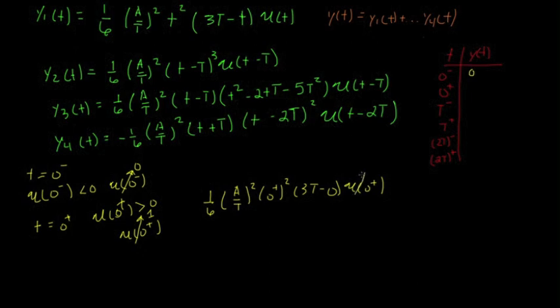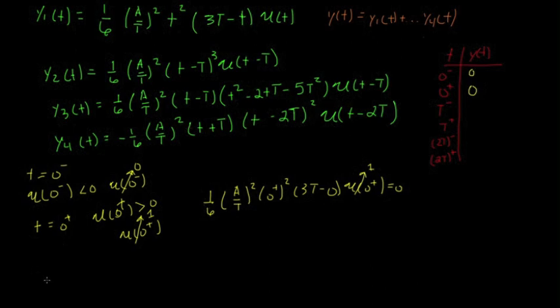And we said u of 0 plus went to 1. But since we're multiplying by 0, this whole term goes to 0. But at least we did prove that at 0 minus and 0 plus, which is just slightly before and slightly after 0, y of t is still equal to 0. So our definition holds true.